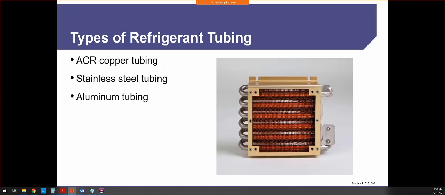Aluminum tubing: we're starting to see coils that are being made out of aluminum. If the coil's made out of aluminum and you're brazing on, they'll usually have connections for you going from aluminum to copper, that sort of thing. If the manufacturer's giving it to you, I'm okay with it. The one thing I would be scared of is any type of aluminum line set.